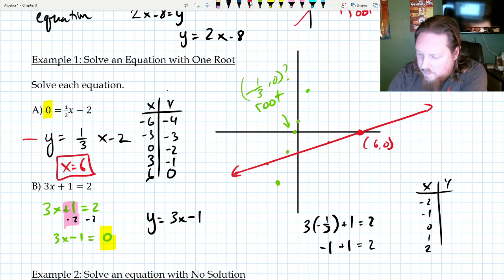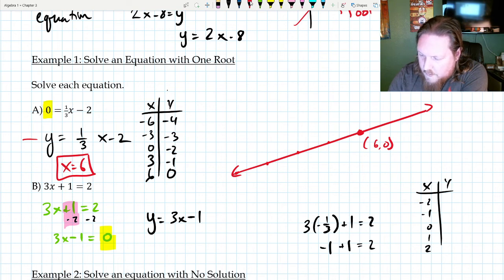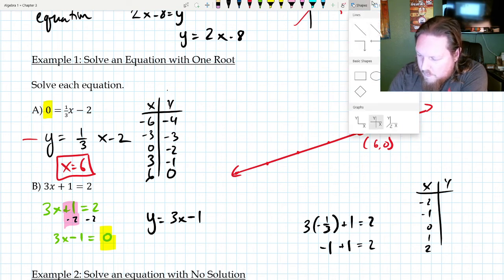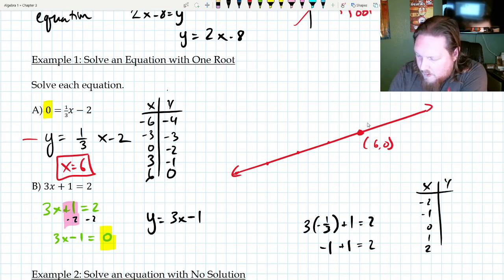Let me just go ahead and get rid of all these orange spots here. Or all the green spots. Where was it? It was right. 0 is negative 2. There we go.